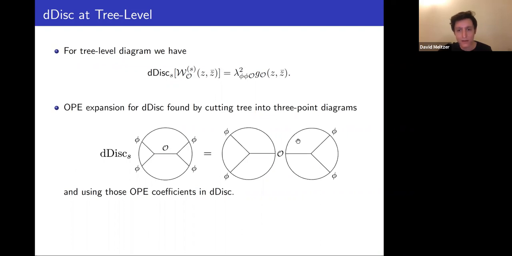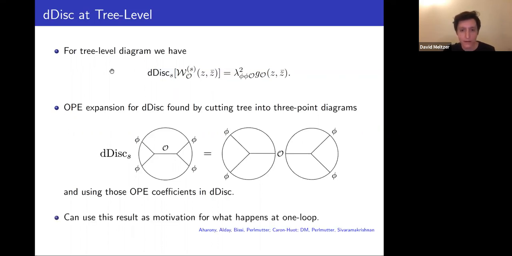So all I do is I take the individual OPE coefficients from each of these 3-point functions, and I multiply my block with those numbers. And this is again just a motivational picture, and it motivated, I think, the earlier work on AdS unitarity. And we can use this picture to understand what happens at higher loops.